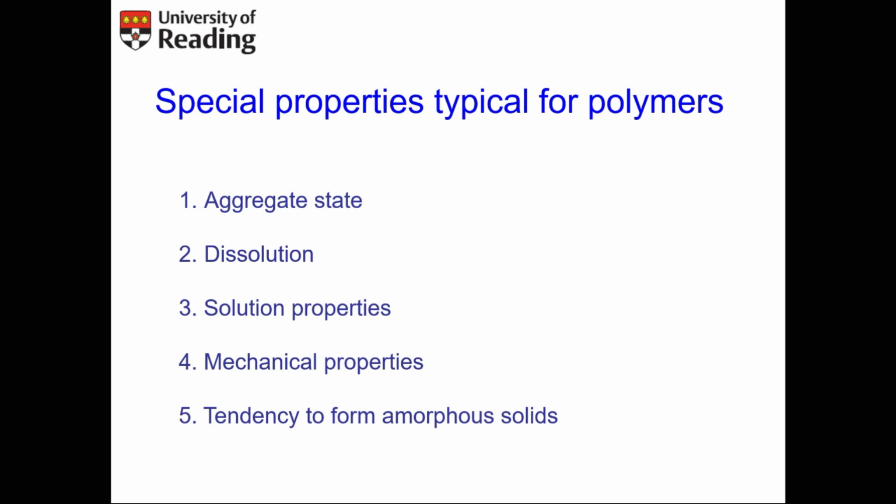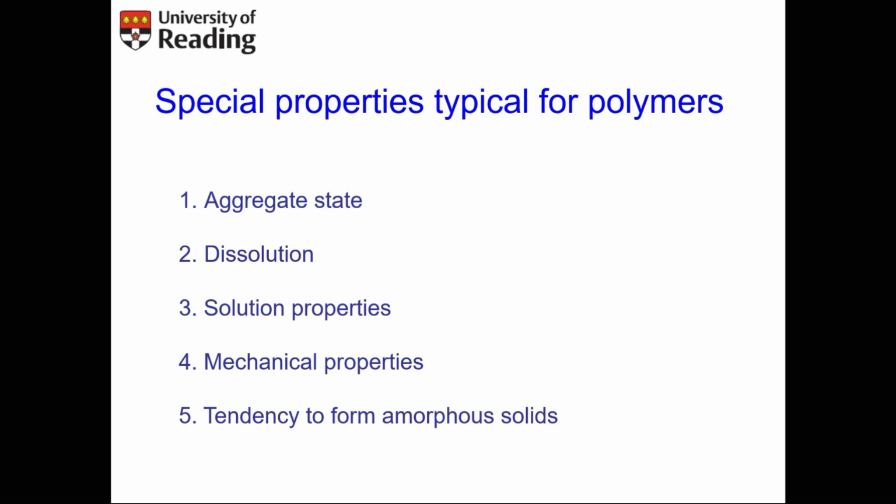Once the macromolecules are fully in solution, again, because they're very large, the solutions of polymers will typically be much more viscous compared to solutions of small molecules. In solid state, polymers also have very special properties in terms of their mechanical behavior.